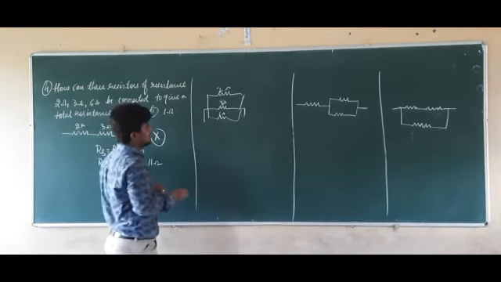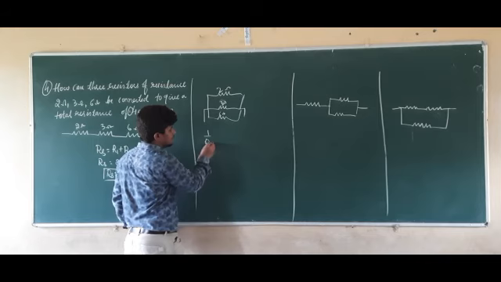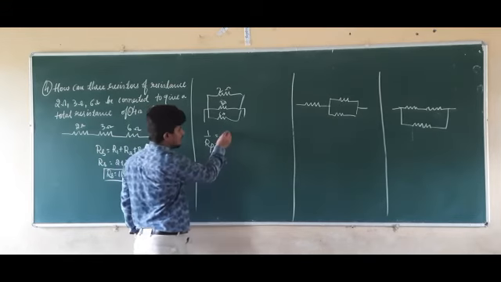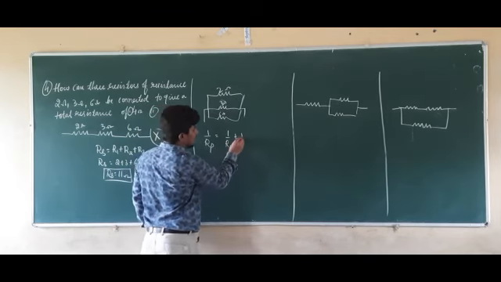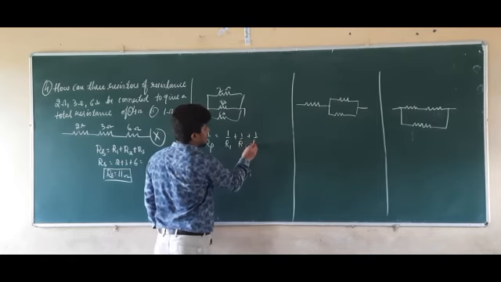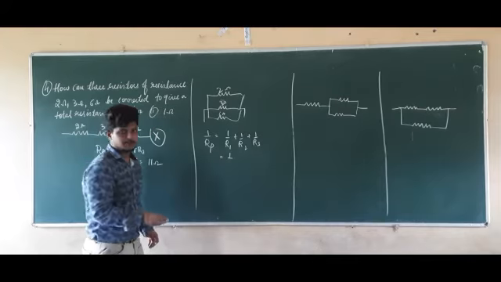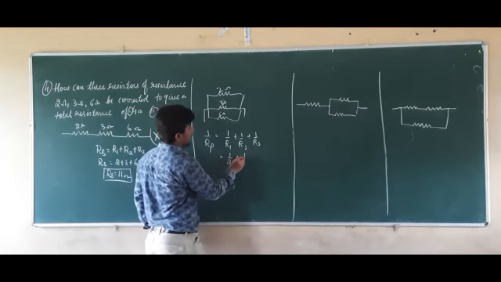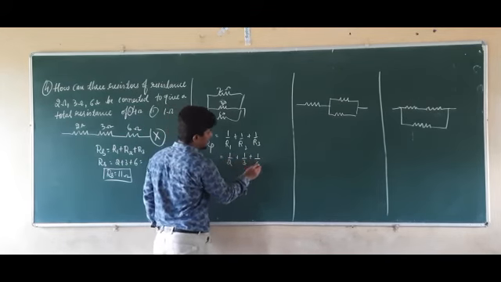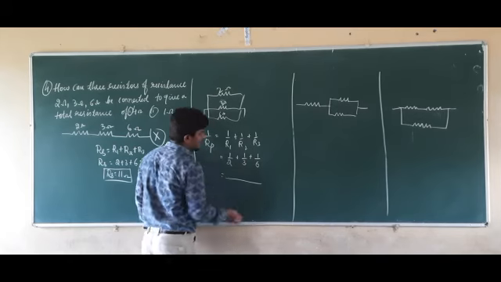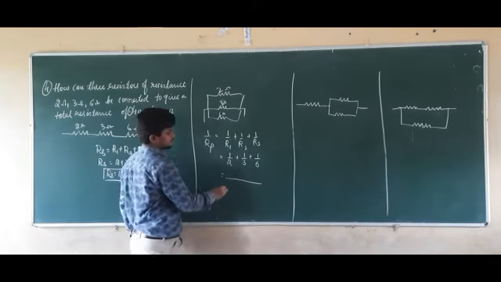The second thing here, we are going to calculate the Rp value. So 1 by Rp equal to 1 by R1 plus 1 divided by R2 plus 1 divided by R3. So it is equal to 1 divided by 2 plus 1 divided by 3 plus 1 divided by 6. If you take the LCM here, it will be 6.